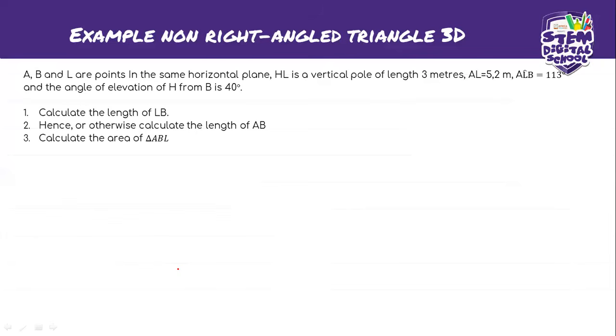There's nothing new for 3D that we have to learn. We're still going to use our sine rule, the cos rule, and the area rule if it has been asked. Now let us read what we have and see if we can understand the 3D.